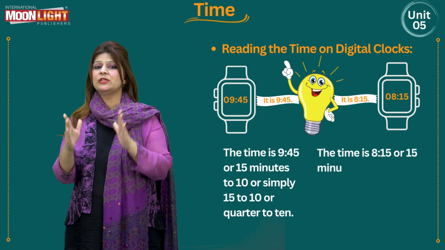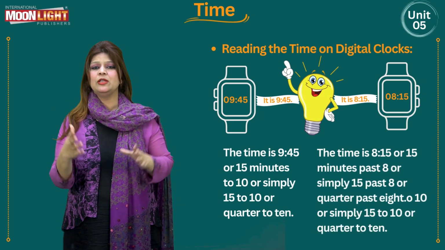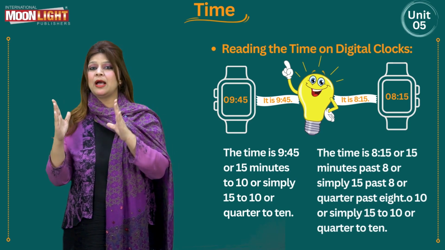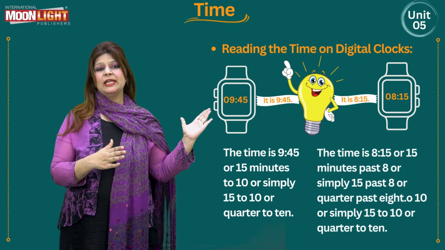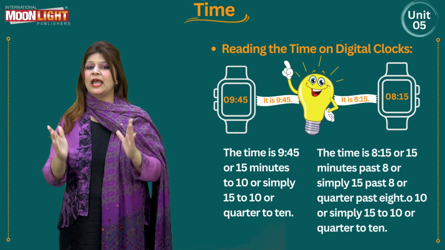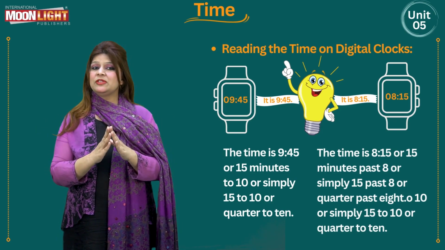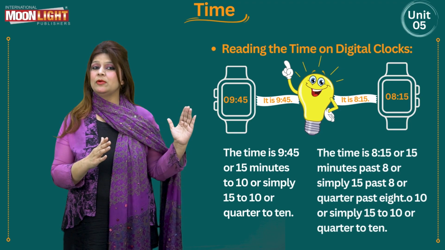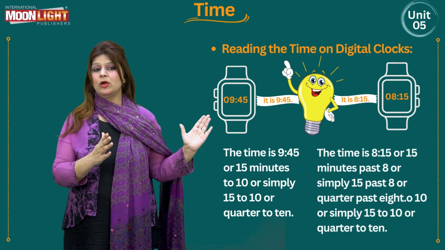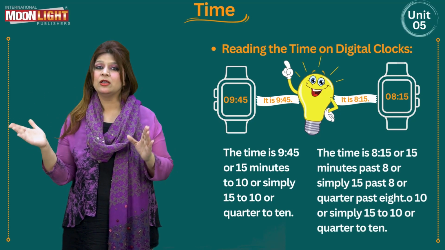Now for this time, 8:15. The time is 8:15, or generally we say 15 minutes past. For this side we say to, and for this side we say past. Why this side? Because this time is 15 minutes after 8 o'clock.